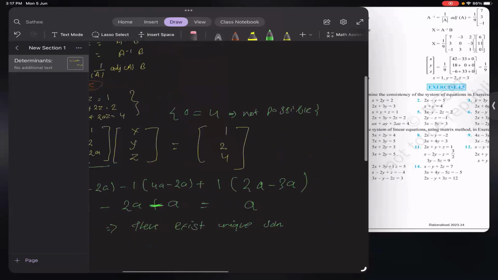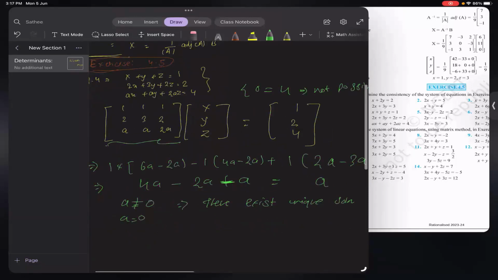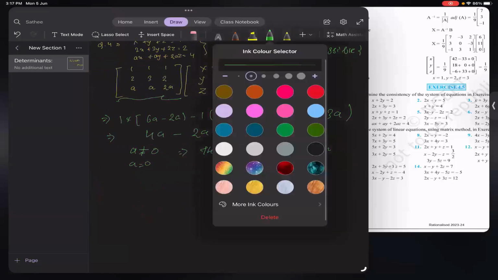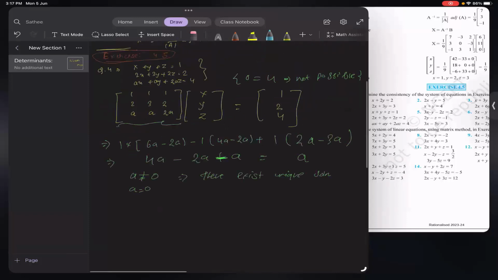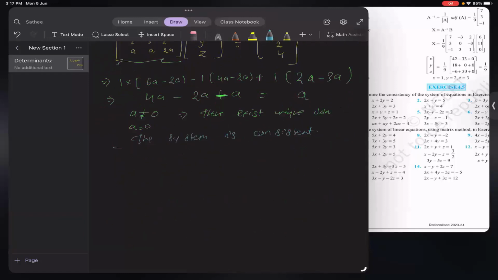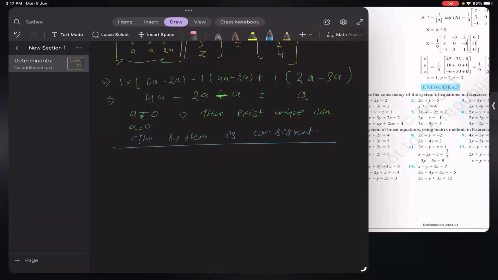So a can only be non-zero. Since a is non-zero, the given system is consistent. We can conclude about this part.